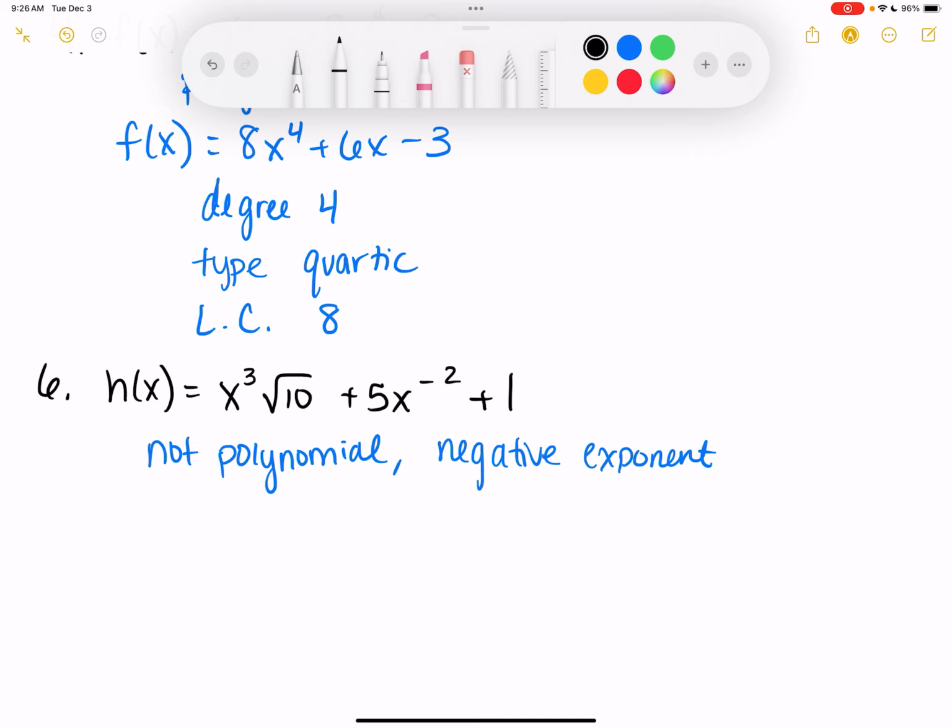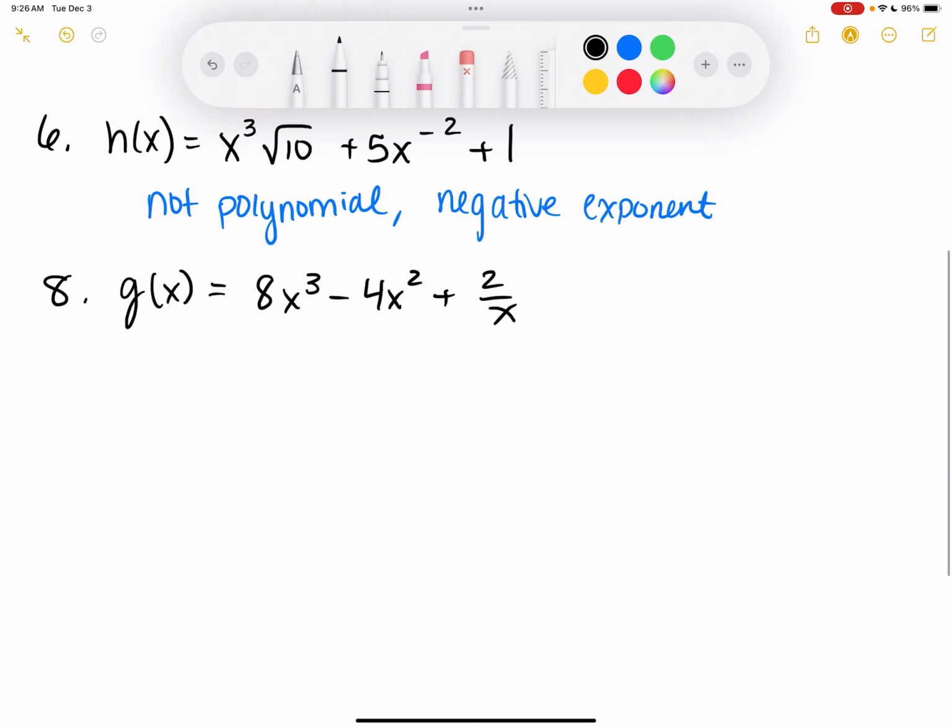How about g of x equals 8x cubed minus 4x squared plus 2 over x? Would this be polynomial?